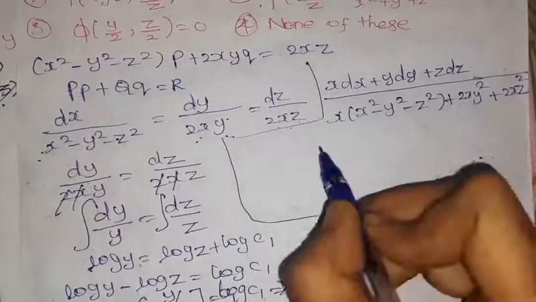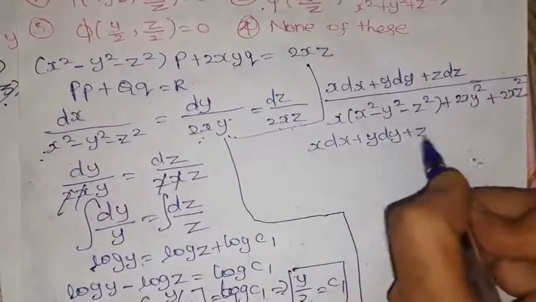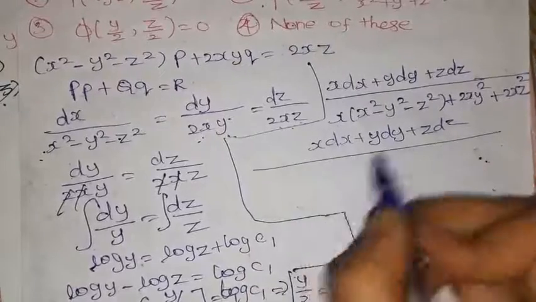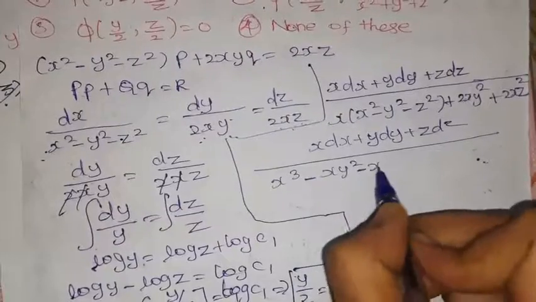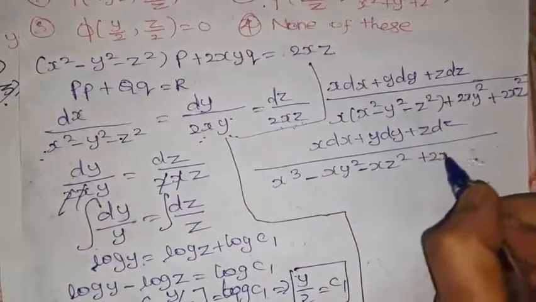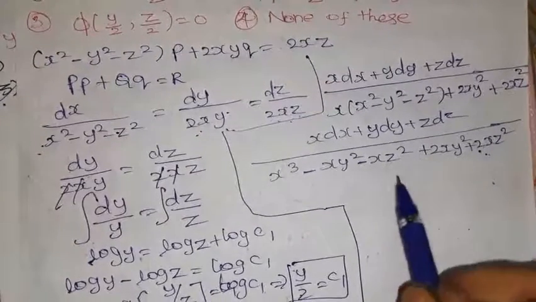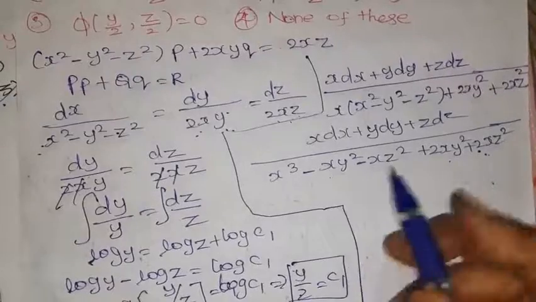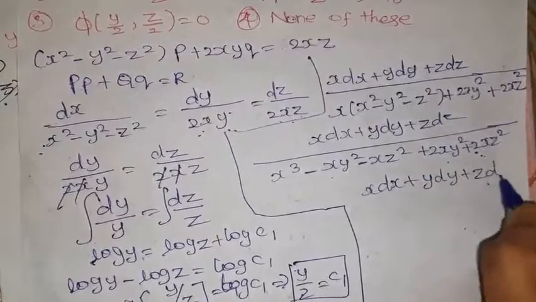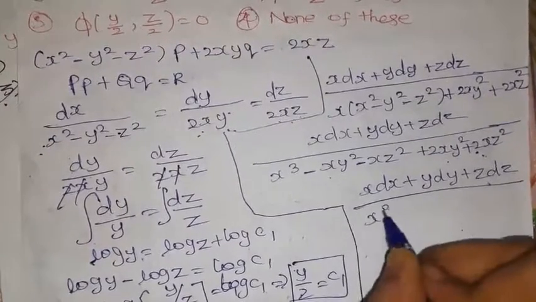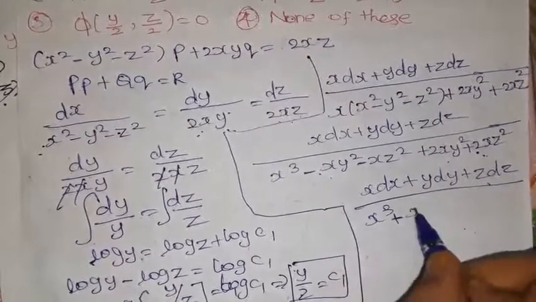See, I am just copying the numerator term and will simplify the denominator: x cubed minus xy squared minus xz squared, equal to 2xy squared plus 2xz squared, right? Here, 2xy squared minus xy squared we will get xy squared.